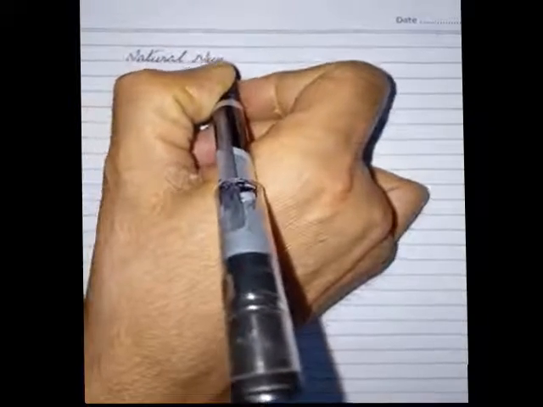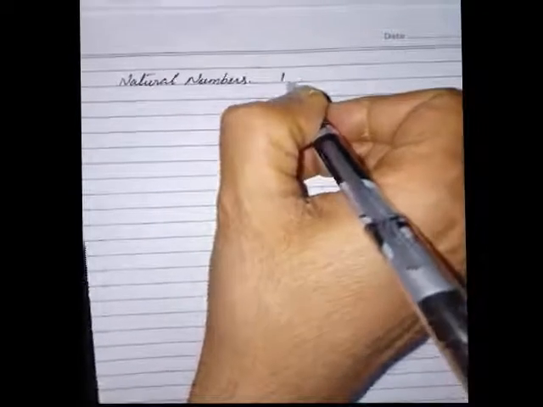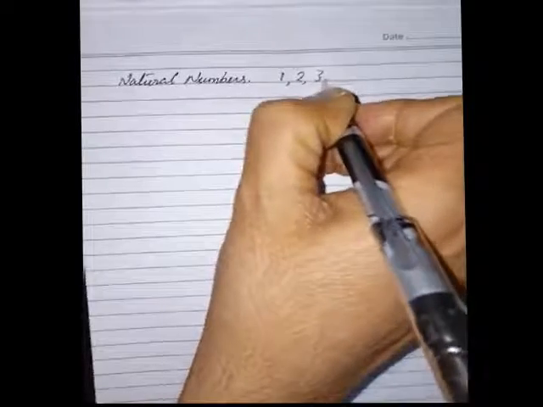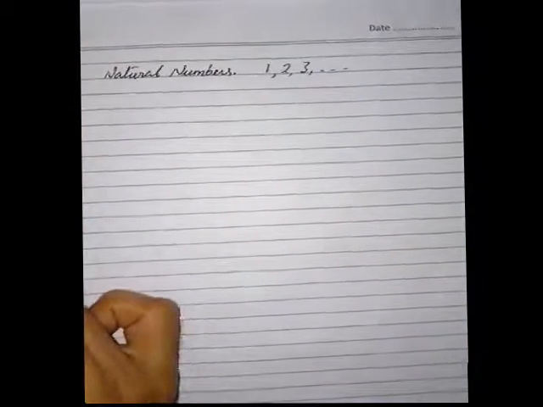So the smallest number system is natural numbers. You all know that natural numbers are counting numbers, and they start from 1, 2, 3 and so on. That's why they are called counting numbers.